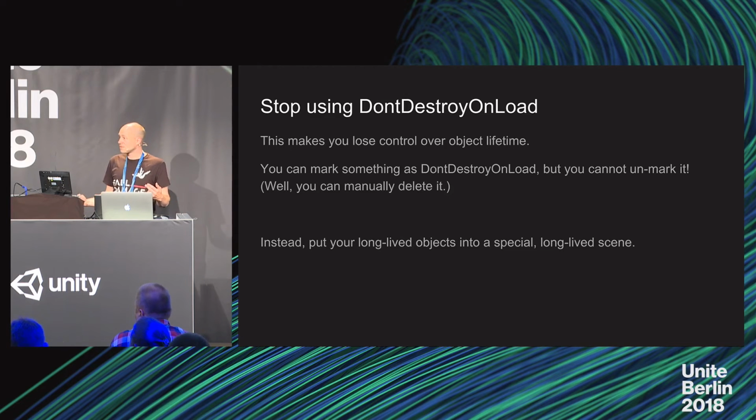Instead, you could have certain scenes that live for a very long time in your application. And then you have a model where a scene is loaded, objects get created, the scene is unloaded, objects get destroyed, rather than in a couple of places I create objects which are DontDestroyOnLoad flagged, and then a while later I start destroying game objects explicitly, not removing that flag, but actually destroying them because there is no DontDestroyOnLoad flagging mechanism.